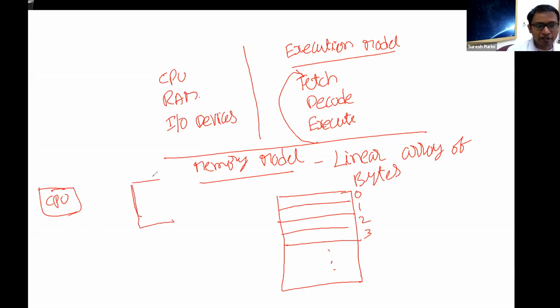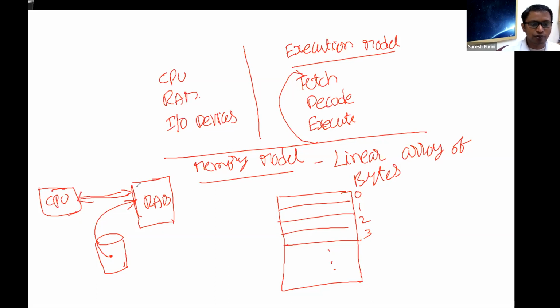This is your memory, this is your RAM, and this is your hard disk. Your program is initially present here. When you give your program for execution, it will be loaded into the RAM, and then the processor starts executing the instructions of that program.